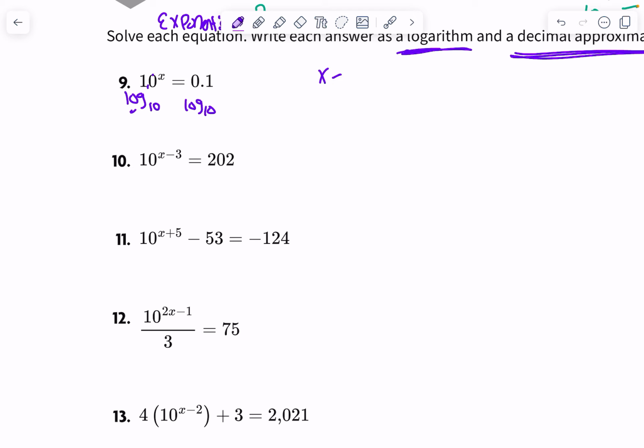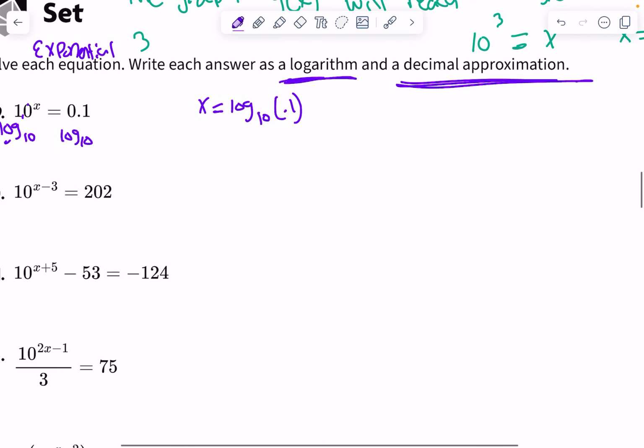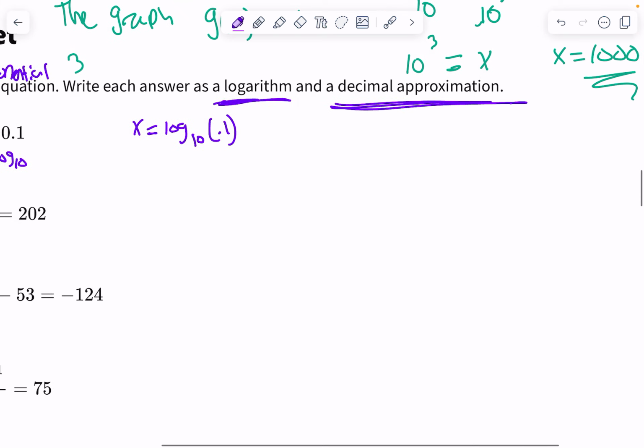So I'm left with x is equal to log base 10 of 0.1, okay? Now, let's do this without a calculator. If x is equal to this, I want to think about 10 to what power is equal to 0.1. So to see this better, I want to rewrite this: 10 to the question mark is equal to 1/10, right? I rewrote this as a fraction.